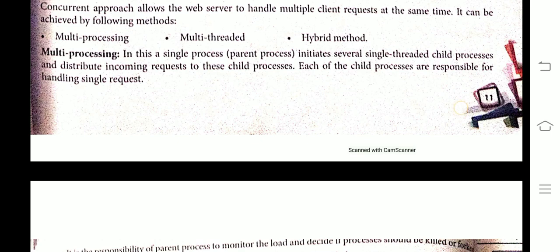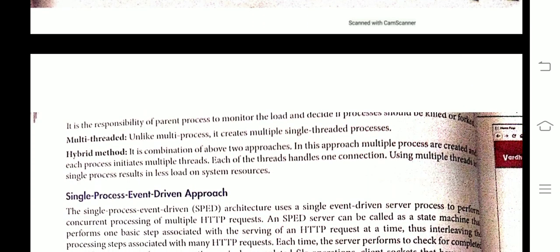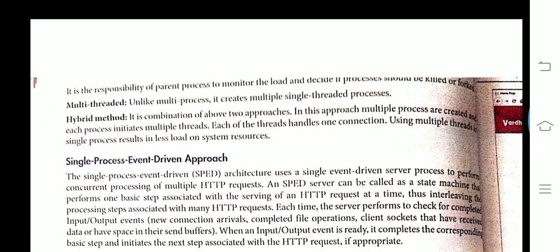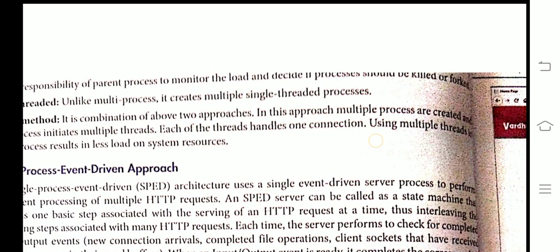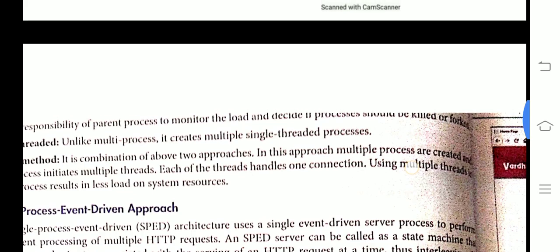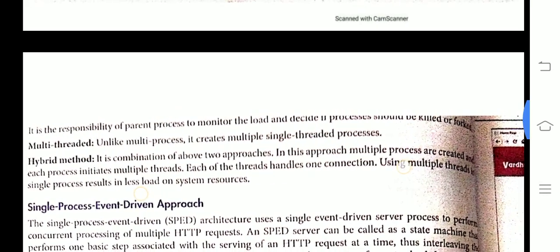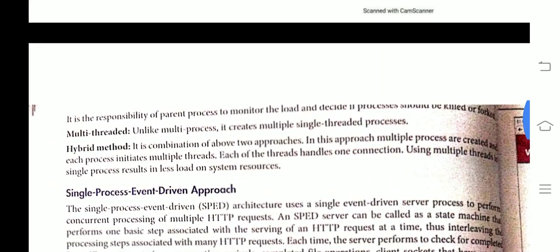So it is known as multiprocessing. It is the responsibility of the parent process to monitor the load and decide which processes are to be killed or forked. So it is the responsibility of a parent process to manage the child processes.